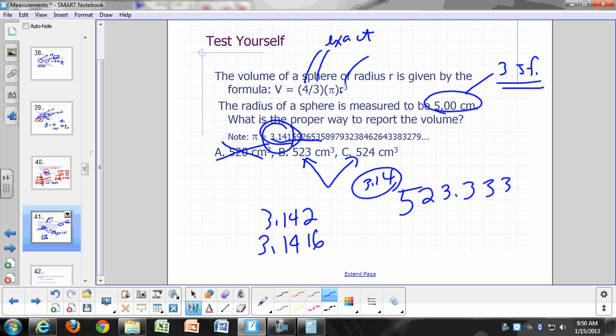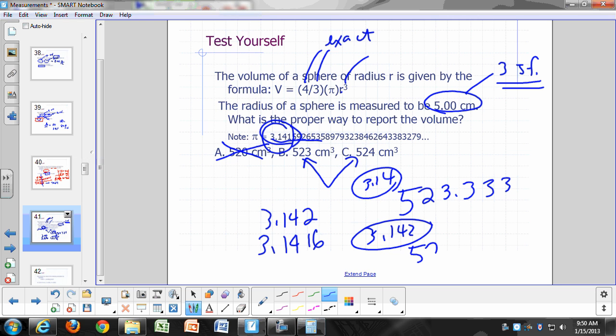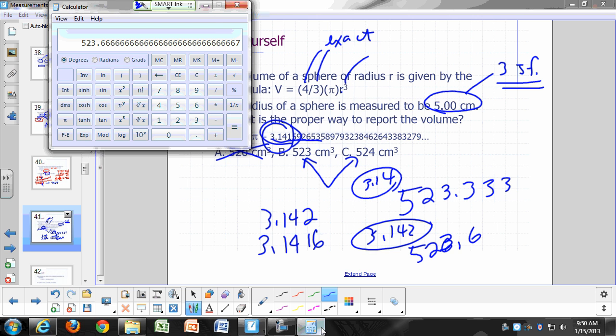If I use 3.142, the number I would get would be, let's see, 5 times 5 times 5 times 3.142 times 4 divided by 3. That gives me 523.6666.